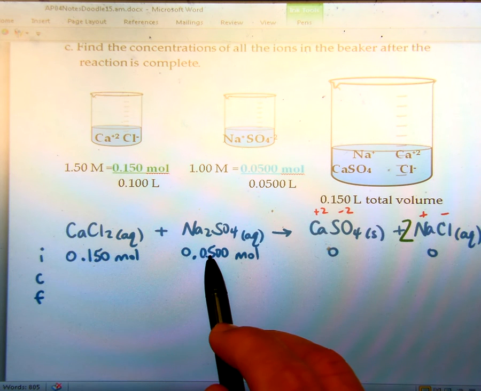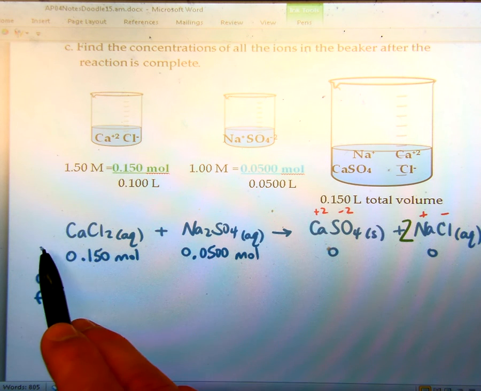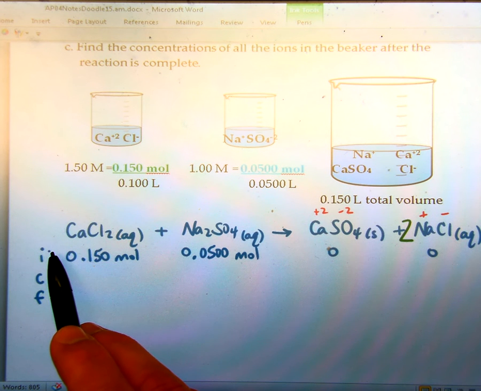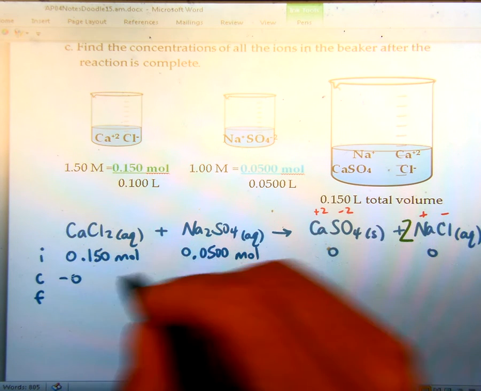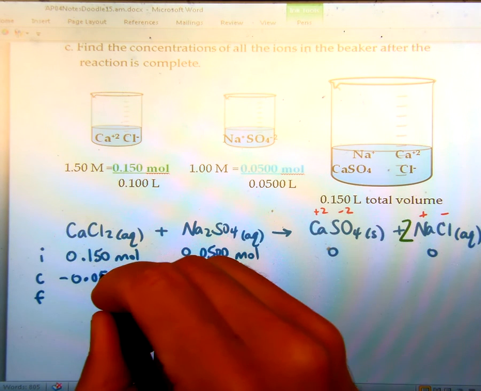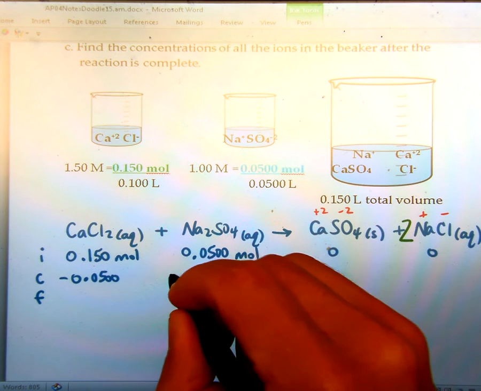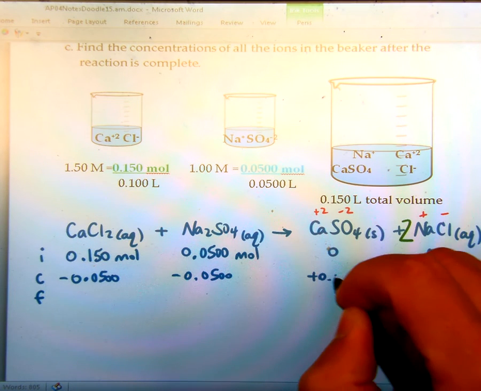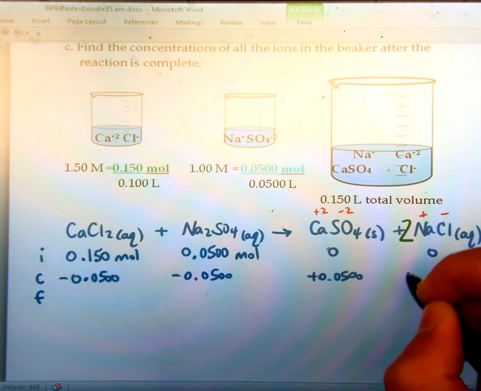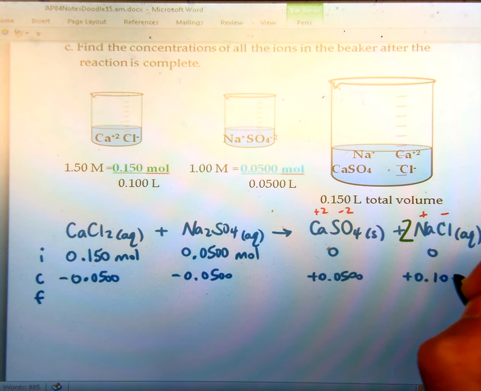We have not enough of this, so we have to go the other way. 0.05 divided by 1 times 1 will give you the right answer of 0.05. So minus 0.0500, minus 0.0500, plus 0.0500, and plus 0.100 because of this 2. You have to be careful.